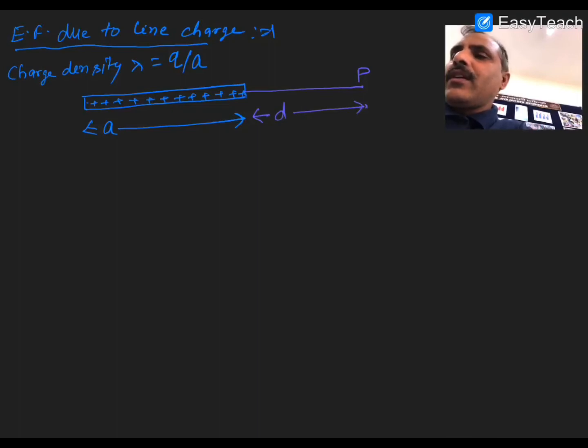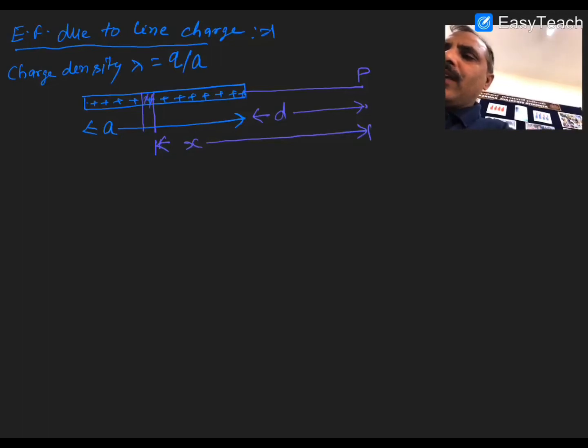So we will consider an element of the line. This is the small element of the line, and the distance of this small portion from point P is x.